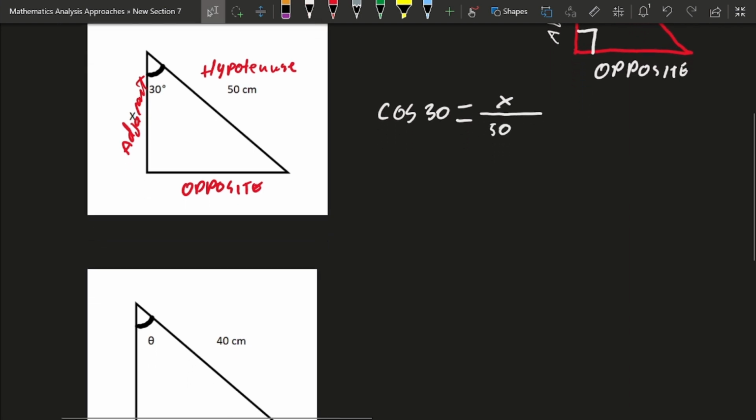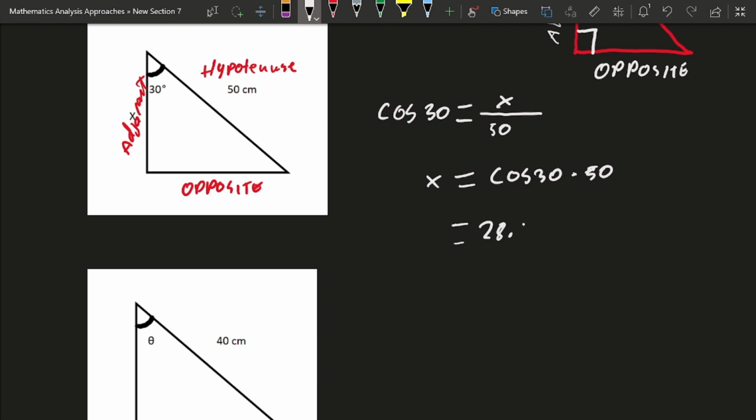Now to find x, we need to rearrange a little bit, so it will become x equals cos 30 times 50, which will give you about 28.87 centimeters. All right, so that's x.